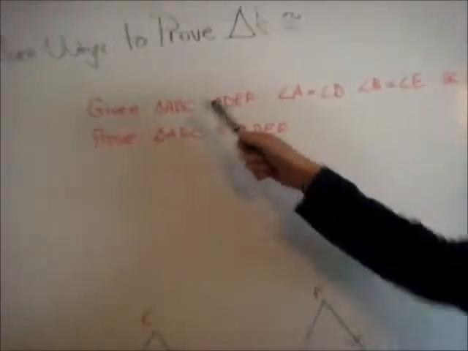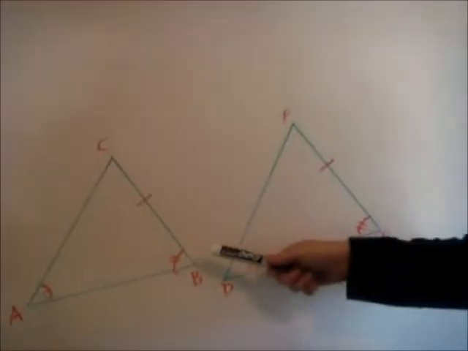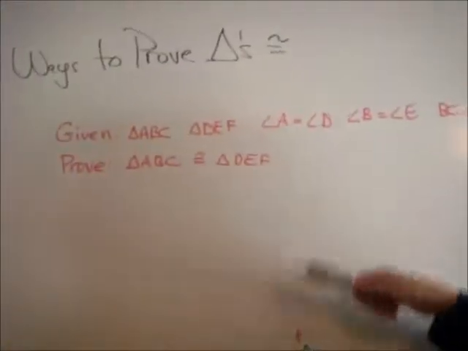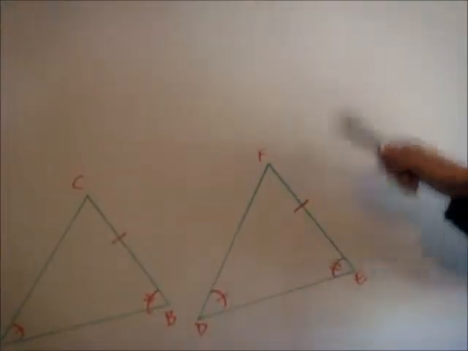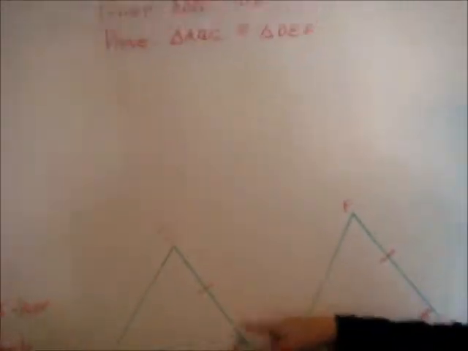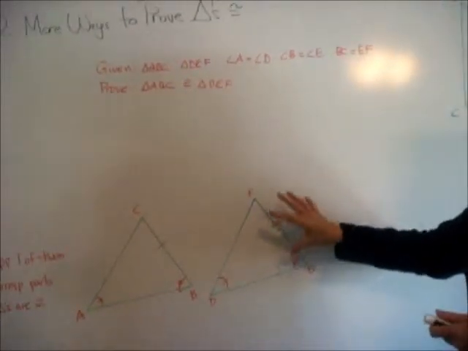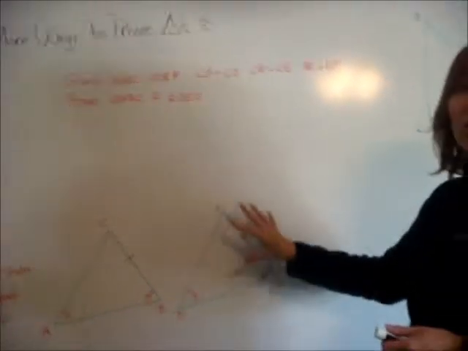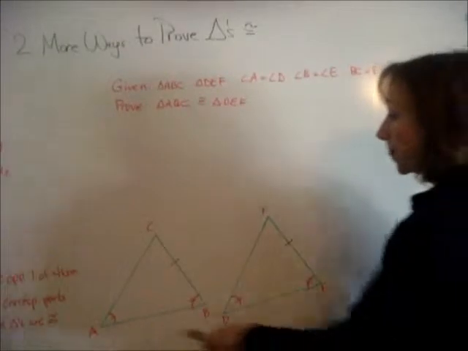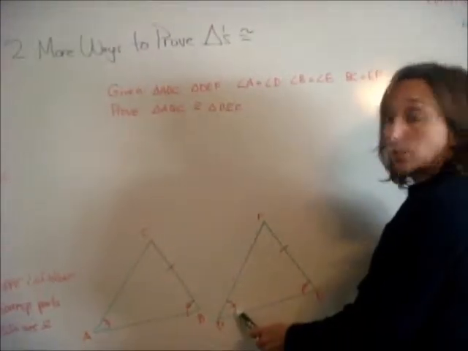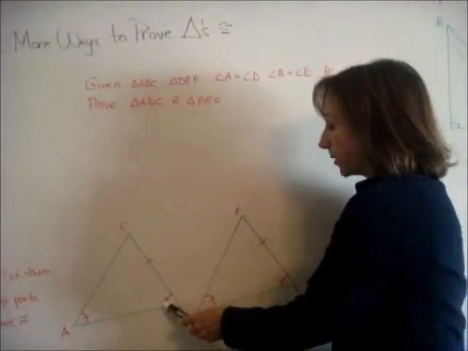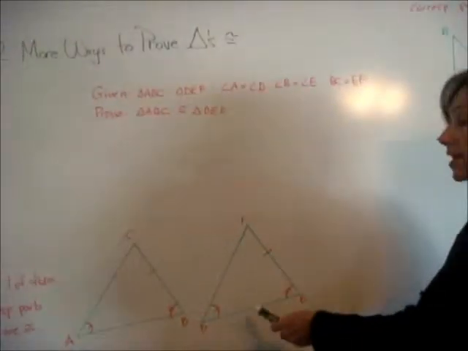So what we are given is triangle ABC, and triangle DEF. And it says in our theorem that if 2 angles and a side in one triangle are equal to the corresponding parts in another triangle, then the triangles are congruent. So I have them marked up. Angle A is equal to angle D, angle B is equal to angle E, and then our side.